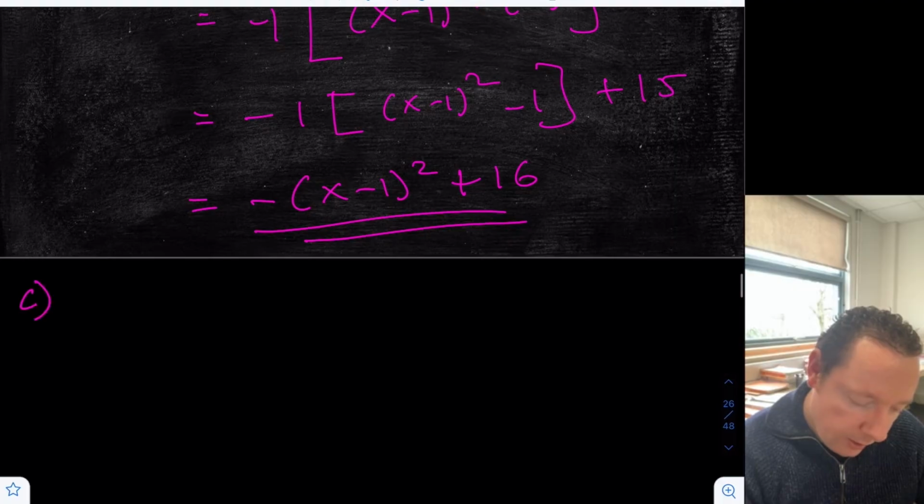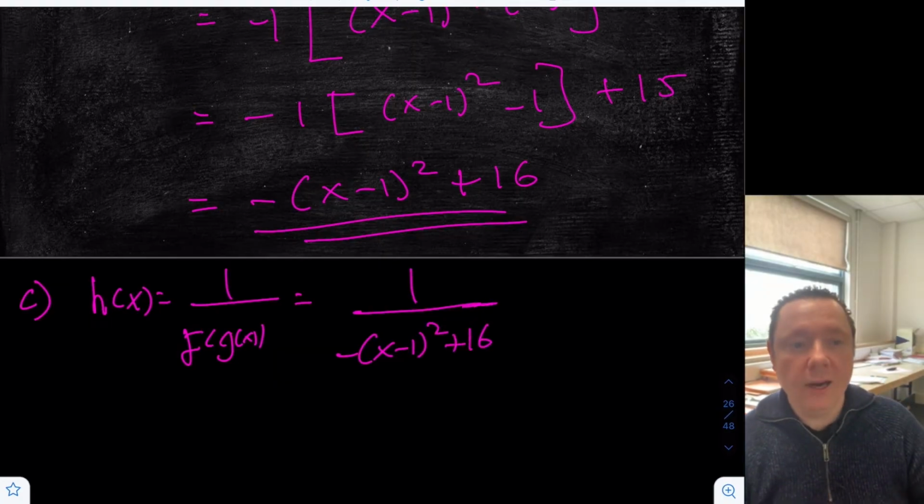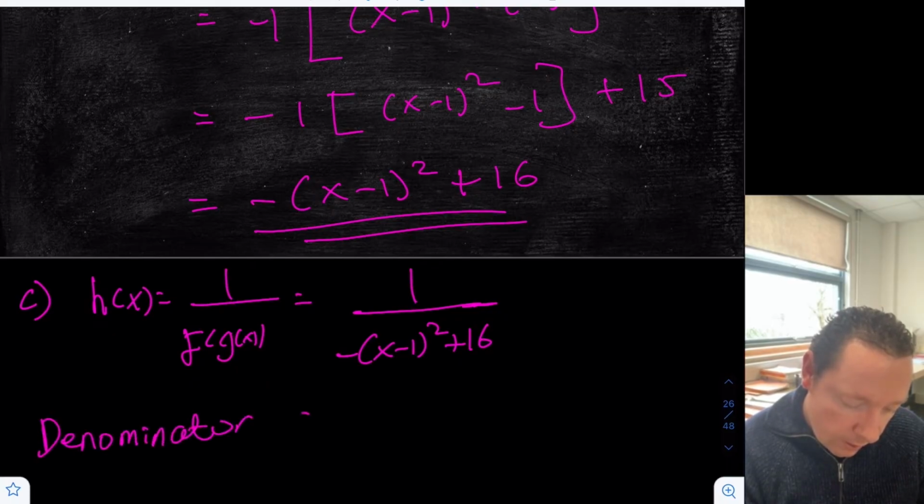So part C, h of x is 1 over f of g of x, which we've just completed the square of, so it's 1 over minus (x minus 1) squared plus 16. The denominator cannot be 0. So we can just write that for the domain to be valid, the denominator cannot be 0.